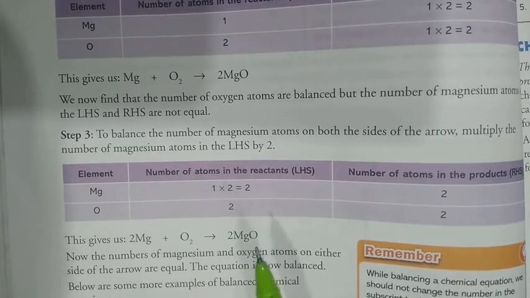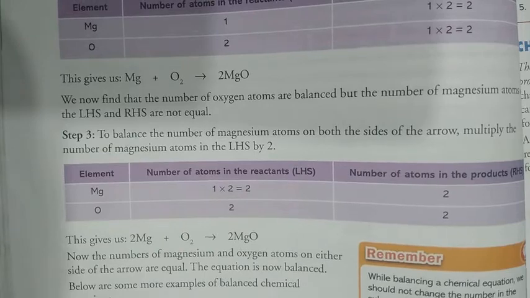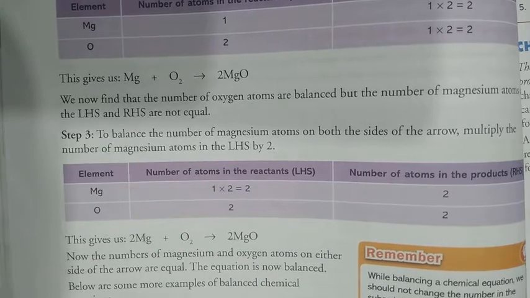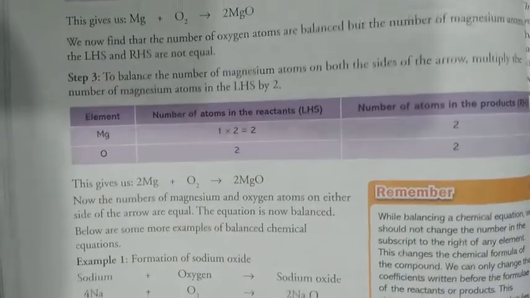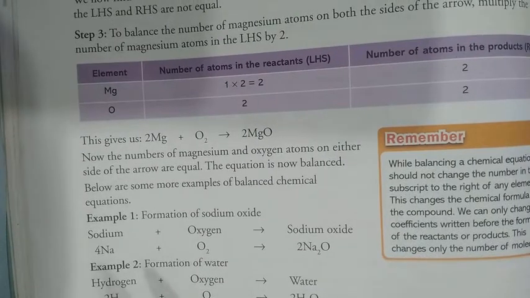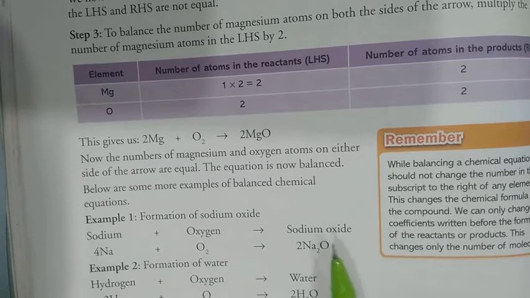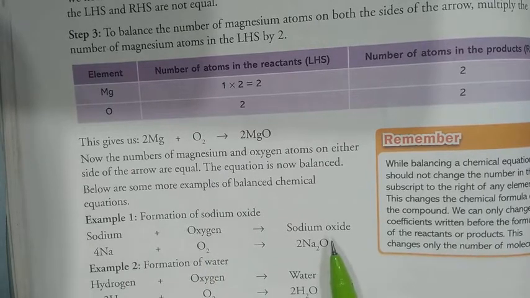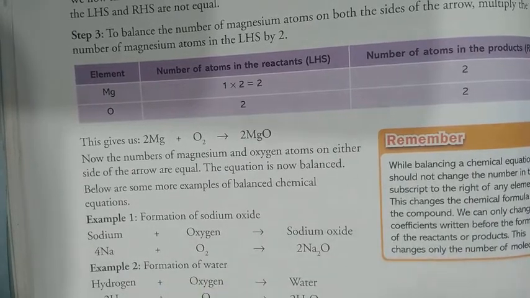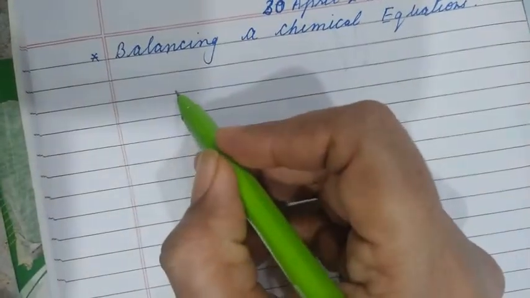Now students, there are a few examples of how you can balance a chemical equation. See, this is example number 1. How can you balance it? When sodium reacts with oxygen, it forms sodium oxide. So now focus, students.